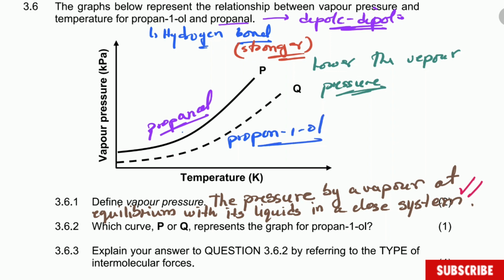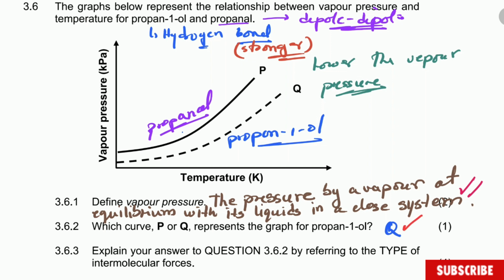So which curve, P or Q, represents the graph of propan-1-ol? That one will be graph Q. Q will be the correct answer here. If you say that, you will get 1 mark.